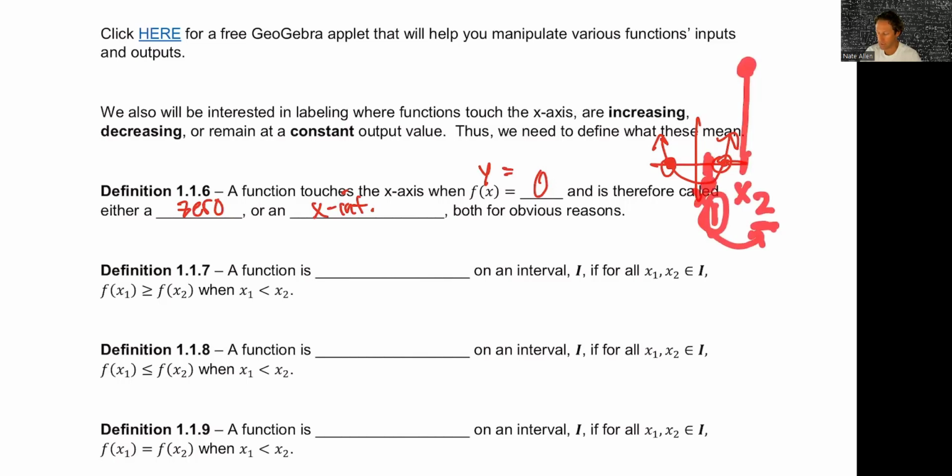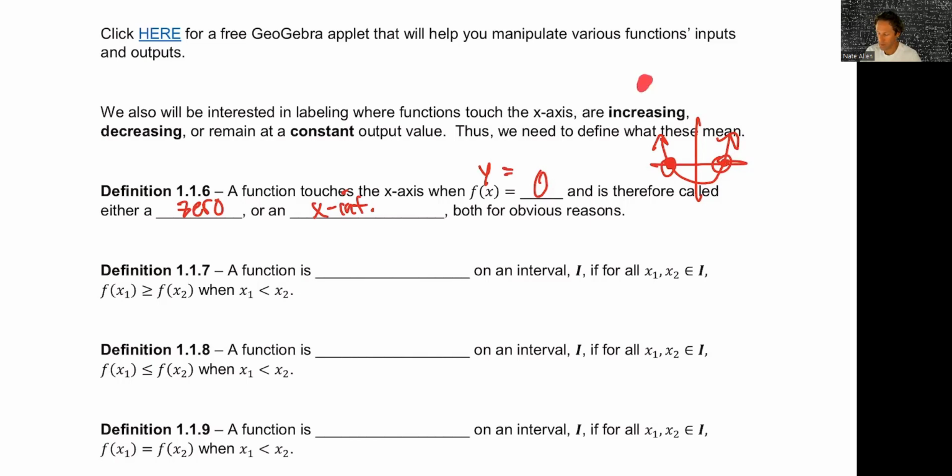Well, as you can see, the x1 would be the smaller value for y, and the x2 would be the larger. So what's happening as we go from left to right? For that example, well, they would be increasing because my y value went from a smaller to a bigger value. But would it be doing that on this entire parabola? No, not for this function.